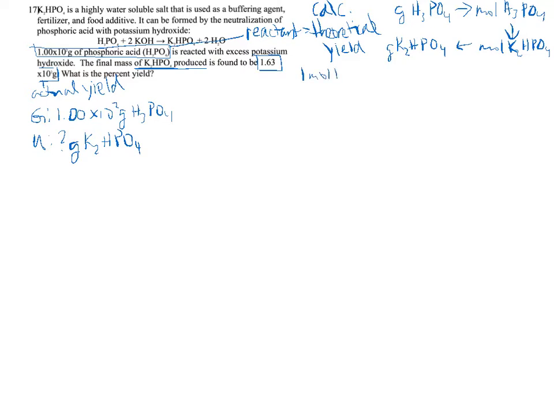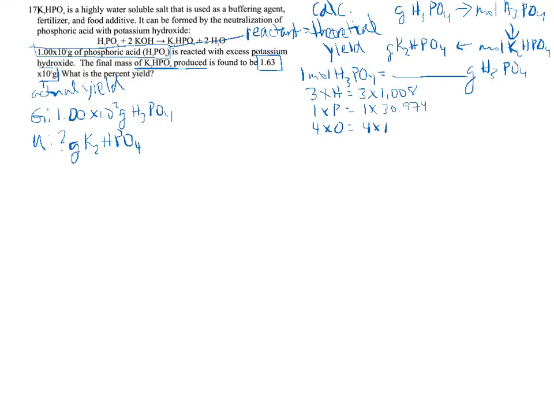The first one is 1 mole of phosphoric acid, H3PO4, equals blank grams of H3PO4. So that means we have 3 times hydrogen, 1 times phosphorus, 4 times oxygen. That's 3 times 1.008, 1 times 30.974, and 4 times 15.999.